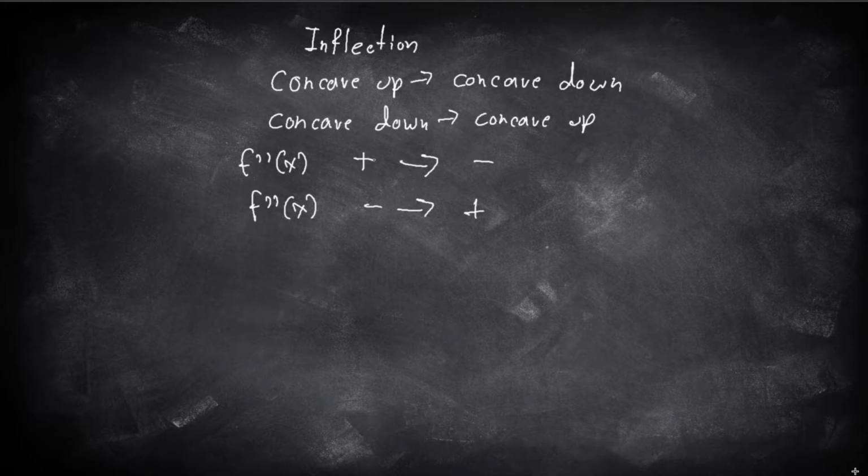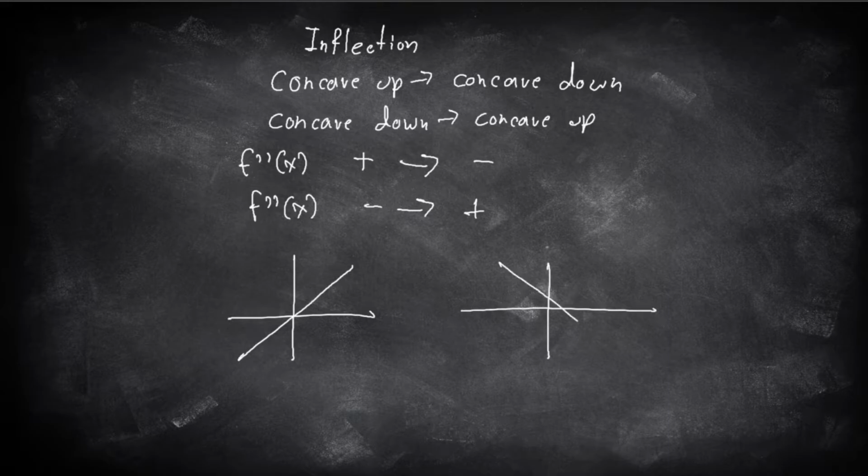So when does it change from positive to negative? In our original graph, when it changes, it goes through 0. And that gives the two requirements we have to check for inflection points.